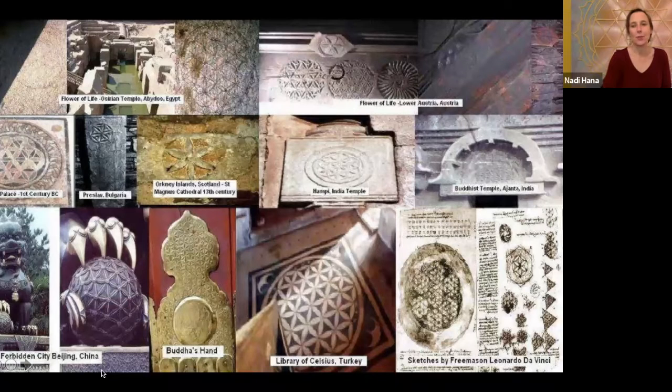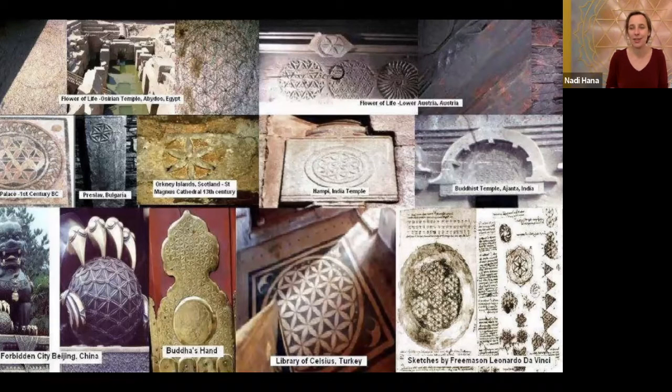So just to recap some of the information that we've gone over, part of the intelligence of the flower of life is that it is universal. It is found in most every country and nation globally, and it is also found in ways that compel us to ask, where did the information come from?